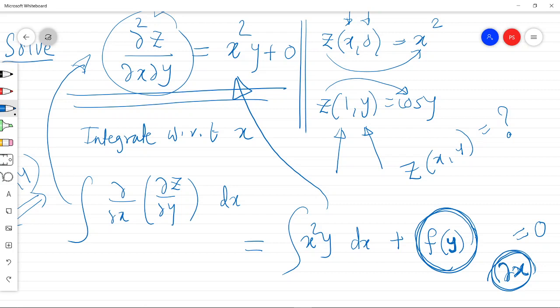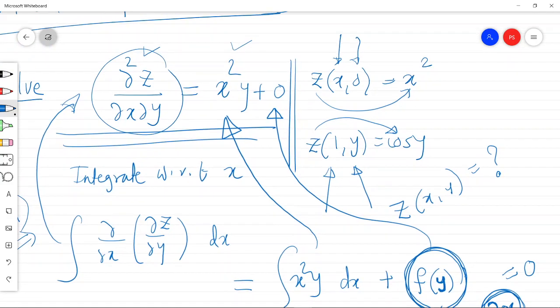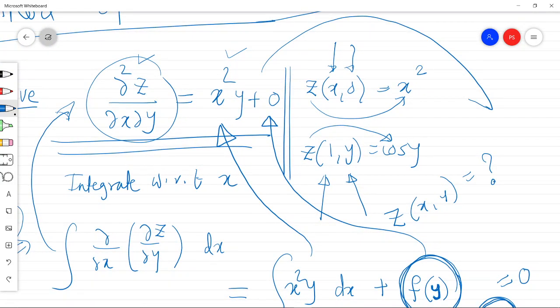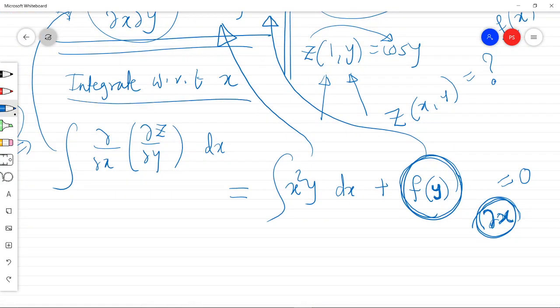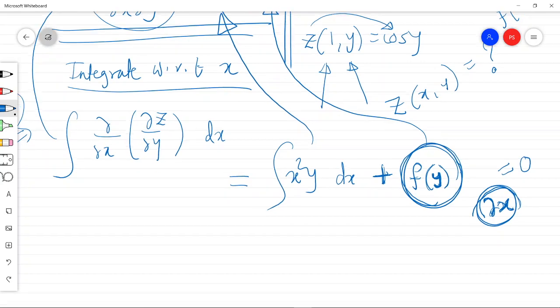So yes, the derivative of f of y is 0. So this 0 has to be replaced by f of y when we integrate with respect to x. Similarly, if this was an integration with respect to y, we should have substituted f of x, right? So okay, now since we are integrating with respect to x, we have to add this particular plus f of y, that we have to remember.